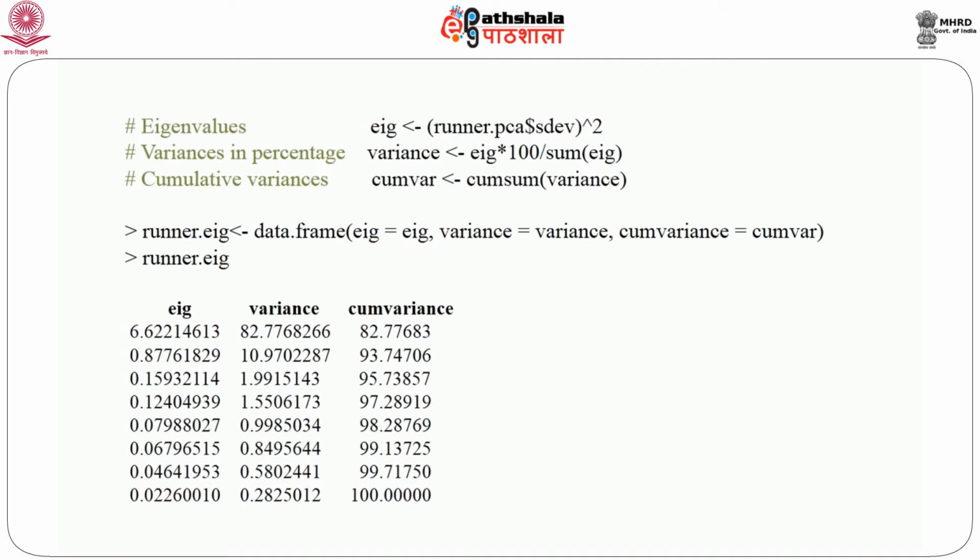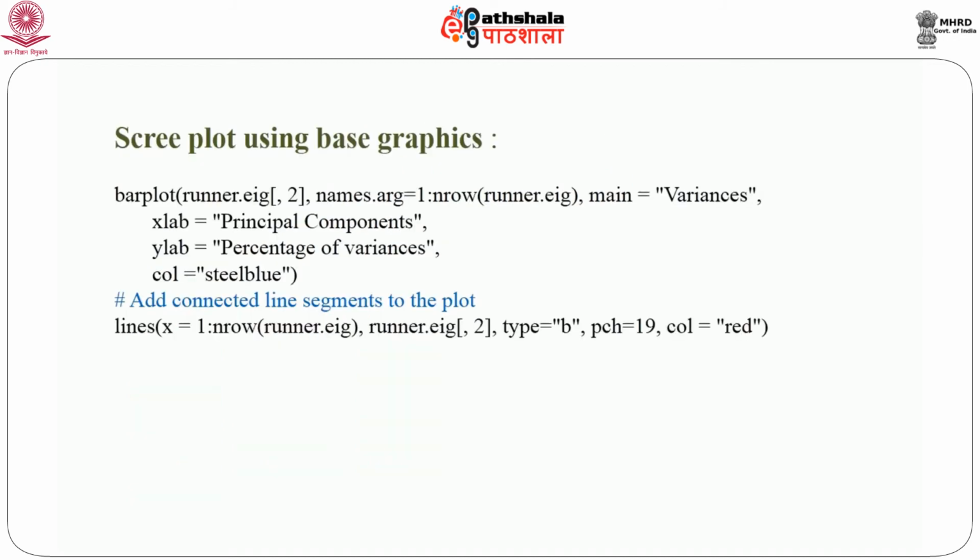So, we see from the third column that the first principal component explains about 83% of the total variability and the first two principal components explain about 94% of the total variability.